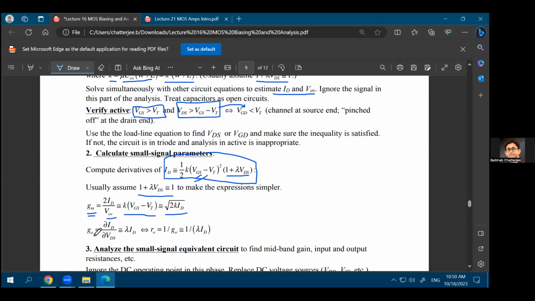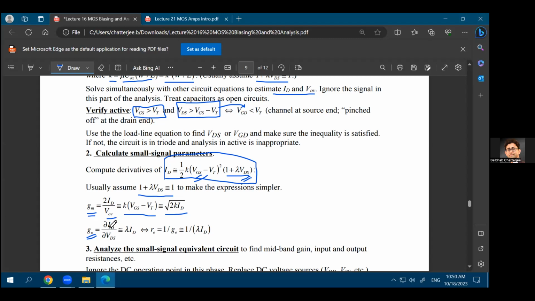The output conductance, or GO, is the conductance at the output. That is again your del ID over del VDS, or the derivative of your ID equation with respect to VDS. Remember, in this case you are talking about the output conductance, and in the previous case you were talking about the transfer conductance, or the transconductance. Output conductance is the change in output current divided by the change in output voltage.